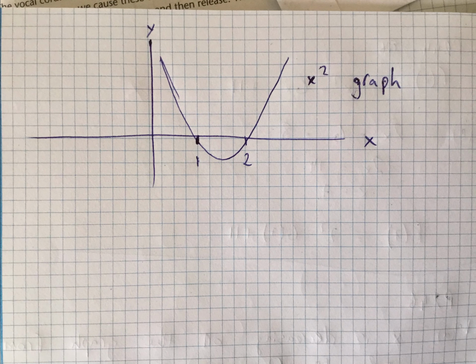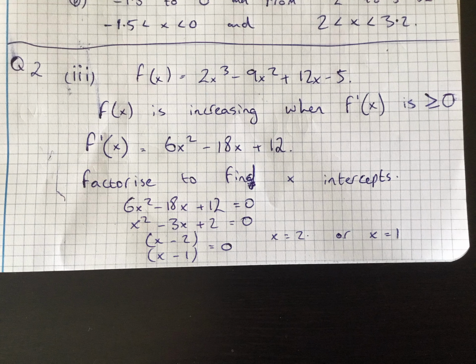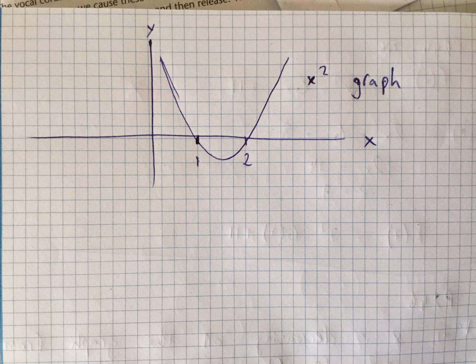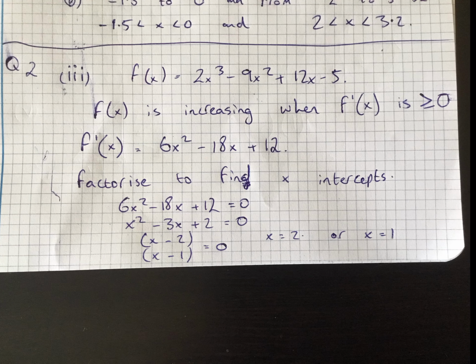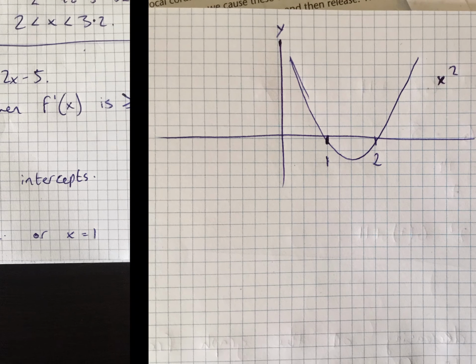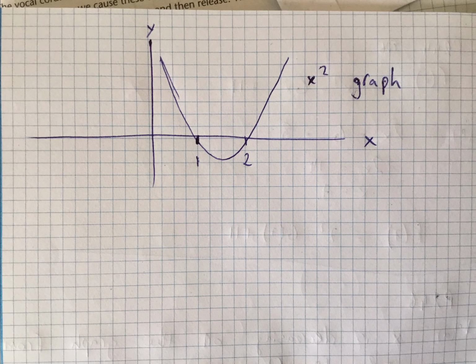It's an x squared graph because my first derivative is x squared and it's positive. So that's giving me the smile shape, or the U shape, because it's a positive graph. And I know that x is equal to 1 or x is equal to 2 based on my factorization, so I can see that the curve hits the x-axis at 1 and at 2.